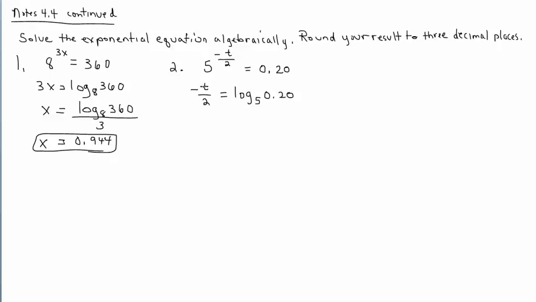Algebraically, to get t by itself, I need to multiply both sides by 2. And I'm going to multiply over here by 2. The 2's cancel, leaving me negative t equals, I'll put the 2 up front so I won't get confused and multiply these two together, which is not allowed.